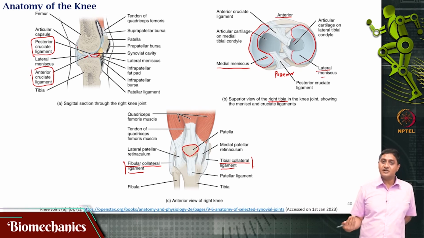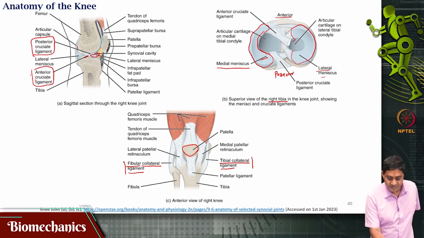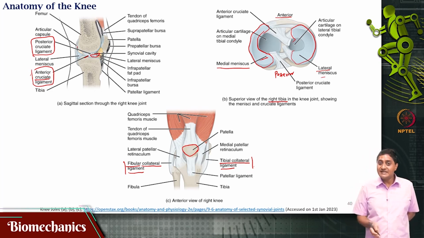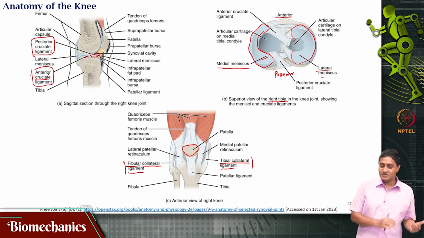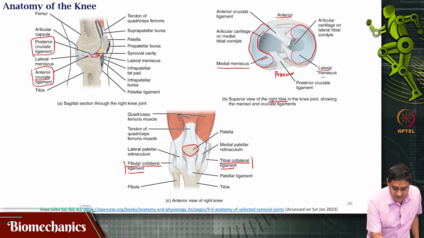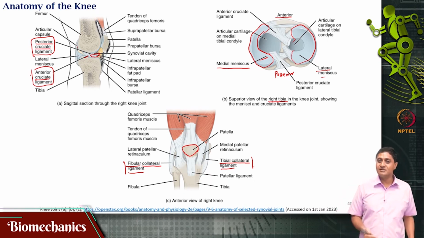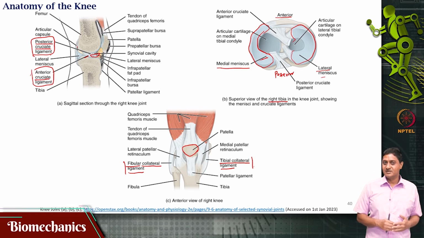Cruciate means crossing over, anterior means on the front side. And there is one more, the posterior cruciate ligament, that is on the back side, that also crosses over from the medial side to the lateral side.